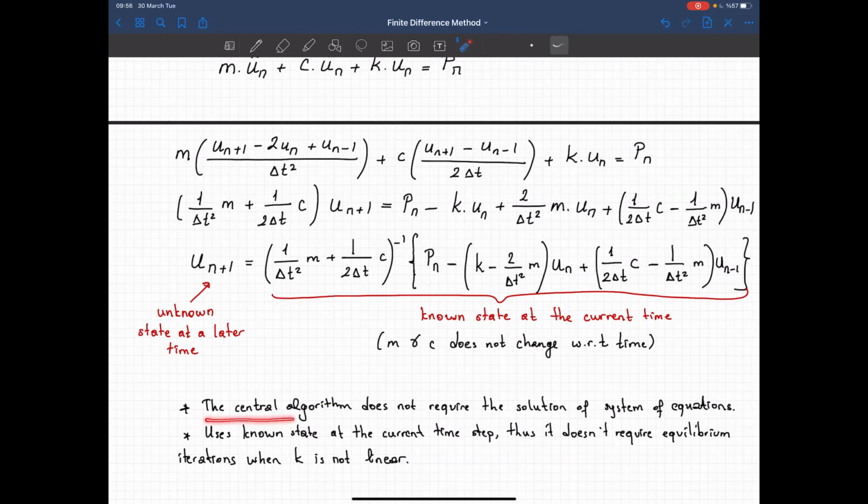We will come to that when we discuss the solution of the multi-degree of freedom system.